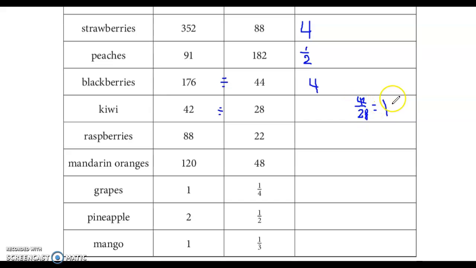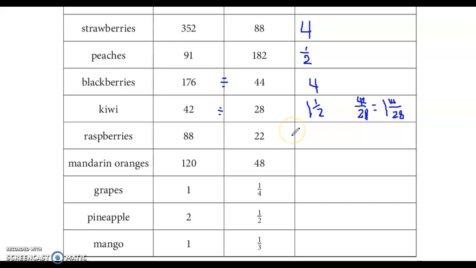So you're going to do 42 minus 28, and you're going to have 14 left over, 14 over 28. And then if you reduce 1 and 14 over 28, that's going to equal 1 and 1/2 cups. So on each fruit pizza for kiwi, there's going to be 1 1/2 cups of kiwi.